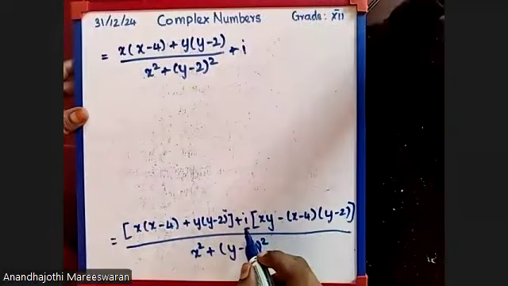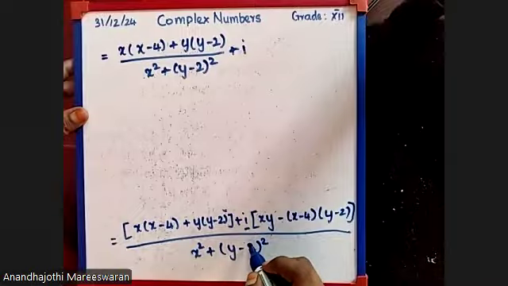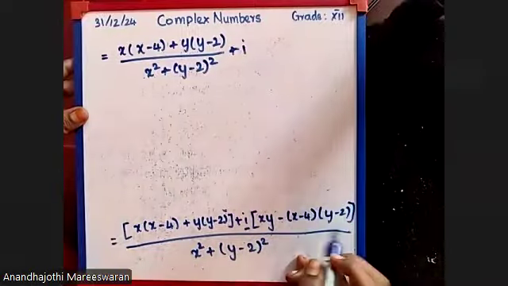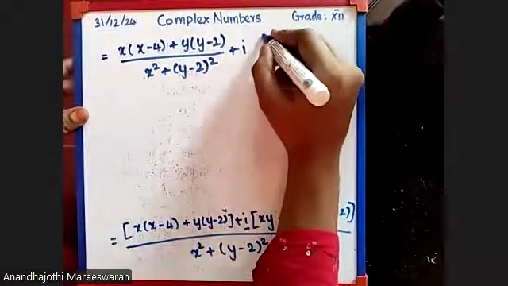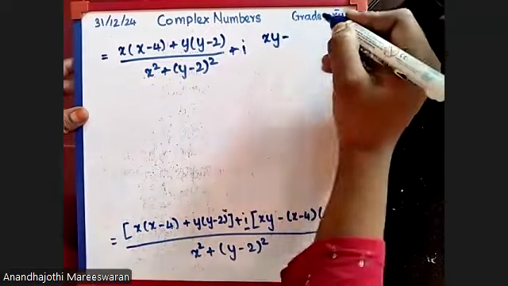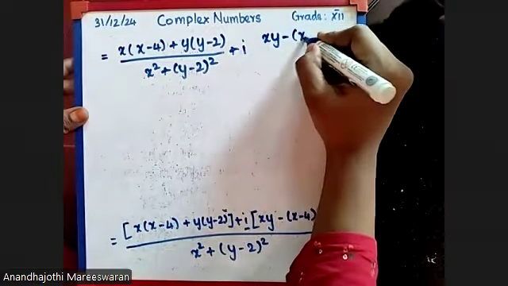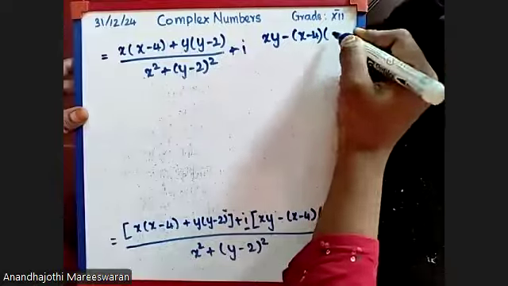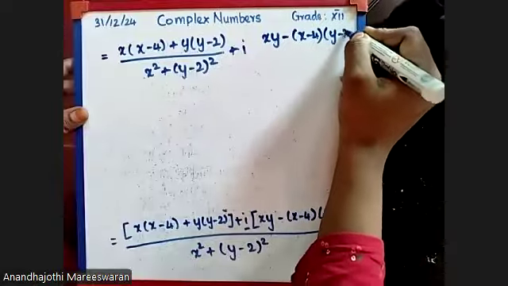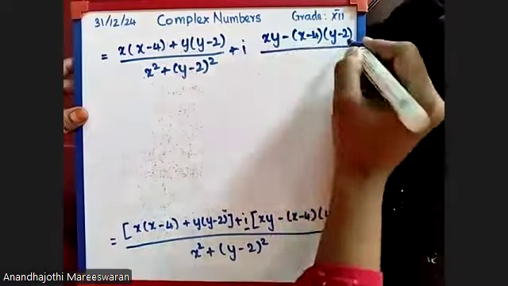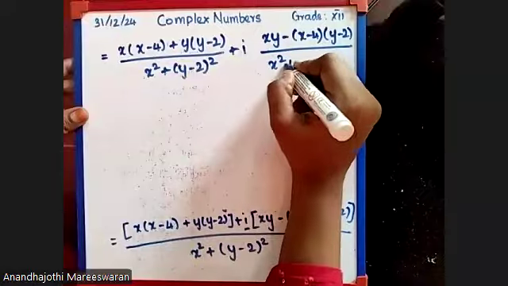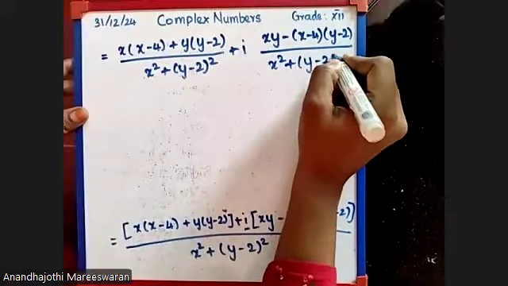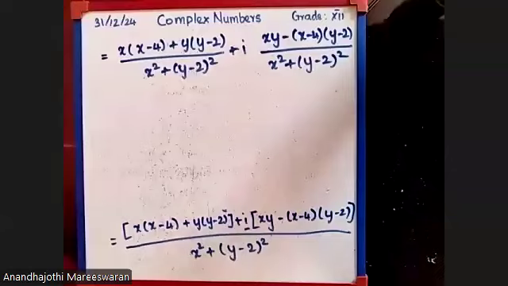So I keep i as common. So what else we have here? x minus y minus of x minus 4 multiplied by y minus 2 divided by x squared plus y minus 2 the whole square, right?